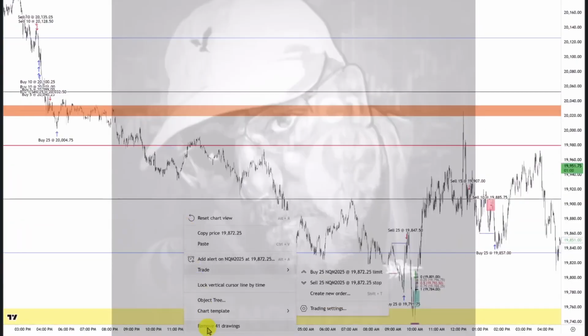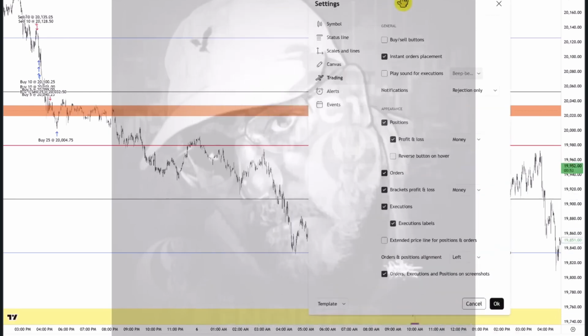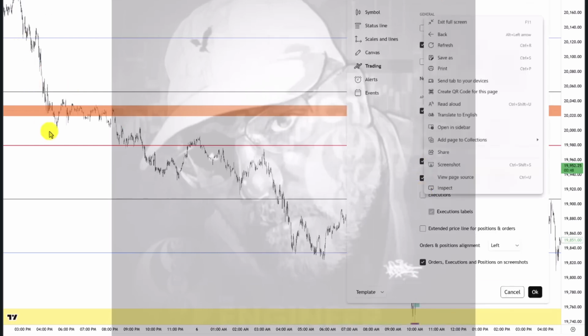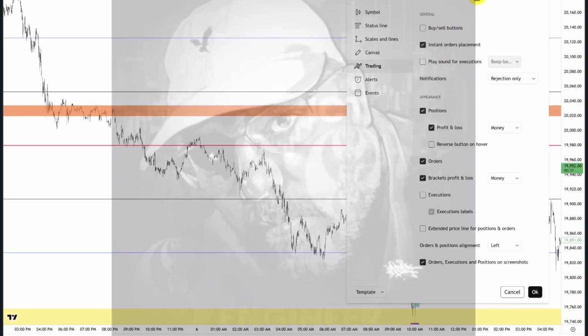Show you real quick. I'll move it out of the way, but keep your eye on over there. See all these executions. Right here.